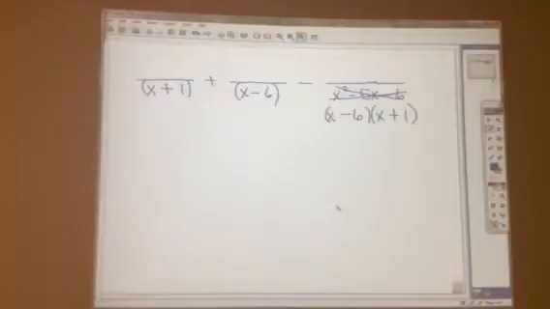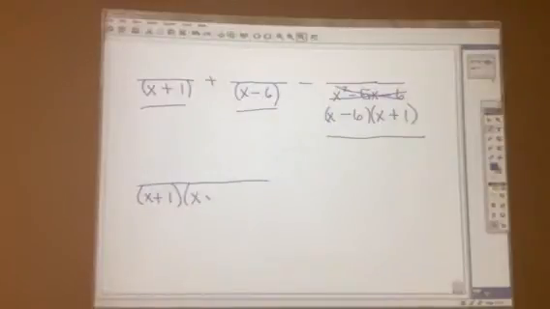Now let's look at our common denominator. I have to look at all three of these. I've got to include everything that's in all three of them. So my common denominator, I've got to include x plus 1 in it. I've got to include x minus 6 in it.